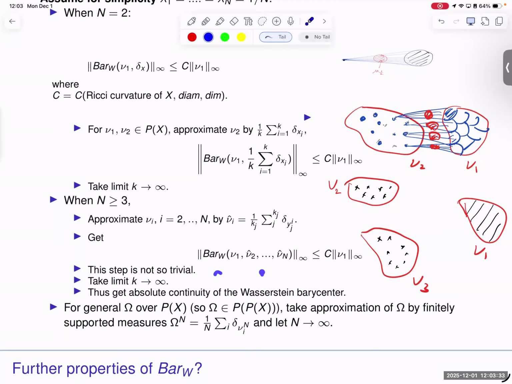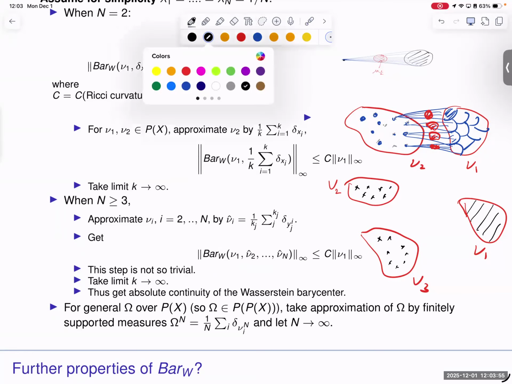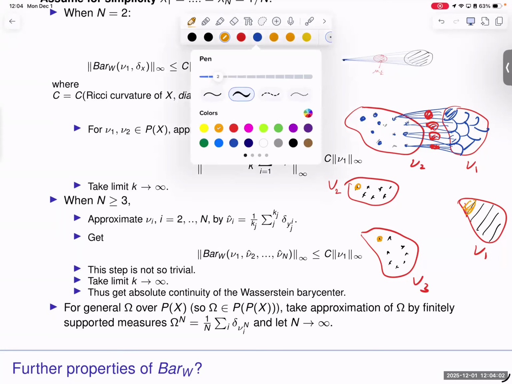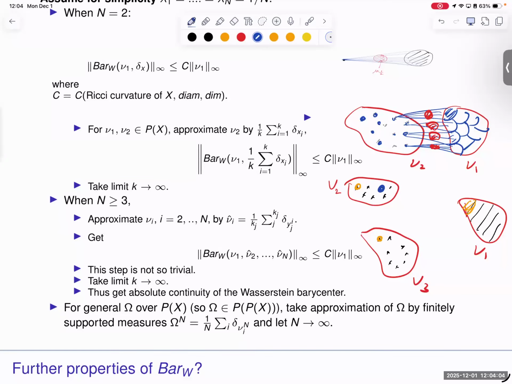And then what happens is, when you do this Wasserstein barycenter between these point clouds, you can combine this one and this one corresponding to some portion here, and this one and this one corresponding to some part here.